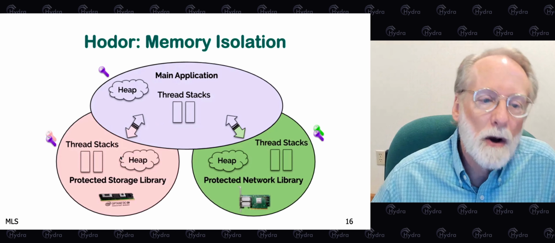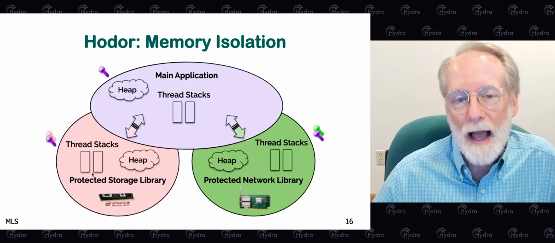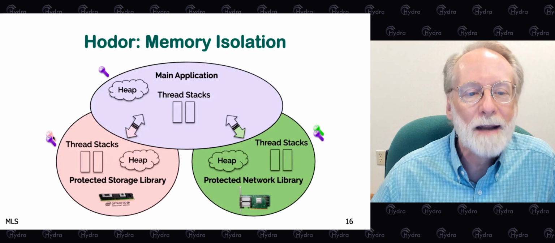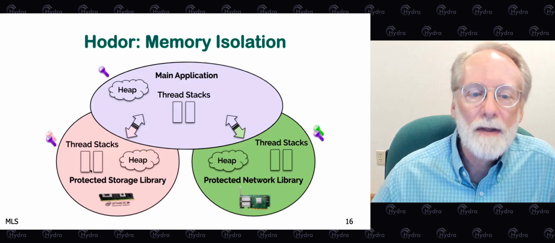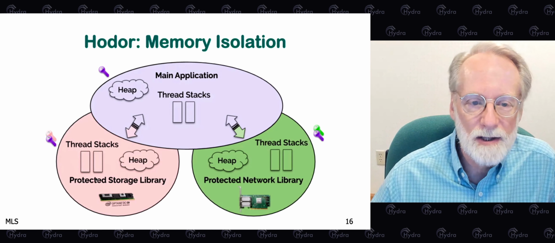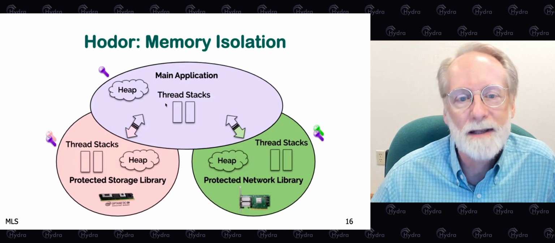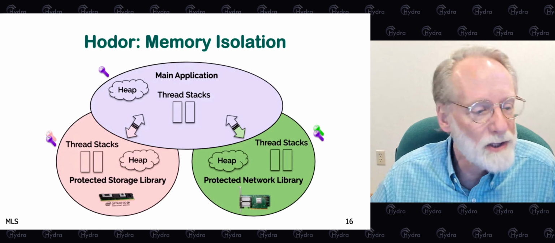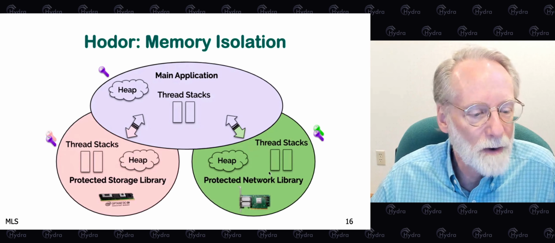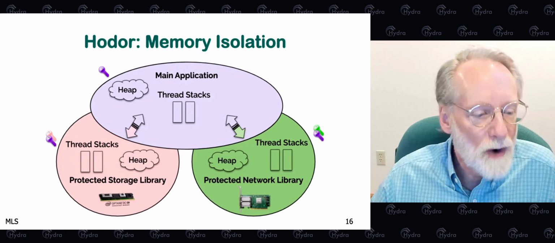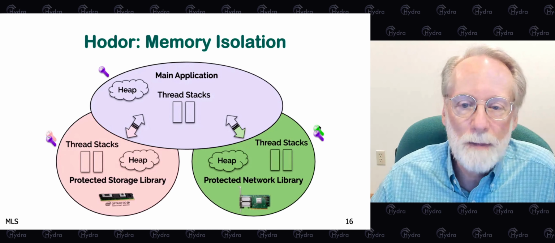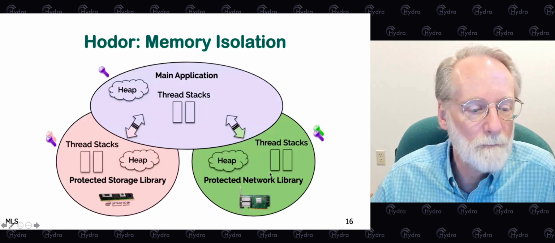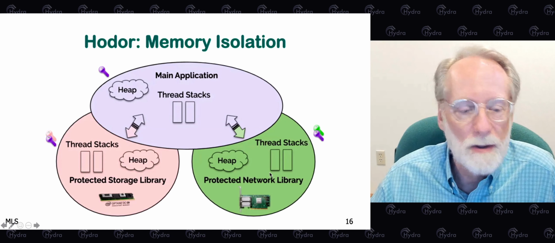But when it makes a subroutine call into this library, it will execute an instruction to change the PKRU and to make both purple and pink data accessible. So now the library code can access the data structures of the library and can also access the data structures of the main application. Similarly, when the application calls into the green library on the right for network access, the trampoline call will change the PKRU to make both the purple and the green data visible and writable to the library.